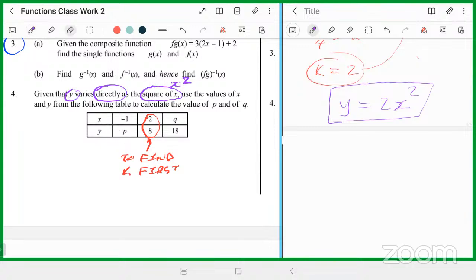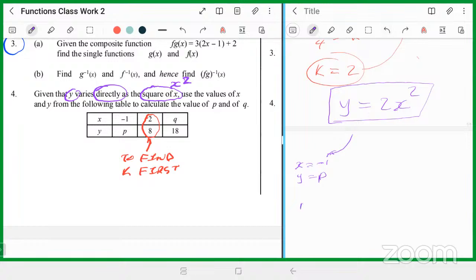So we can put that pair in this formula. Using this formula on the first pair, the X is -1 when the Y is P. Then plug these values into the formula. You put in P for the Y value right here.